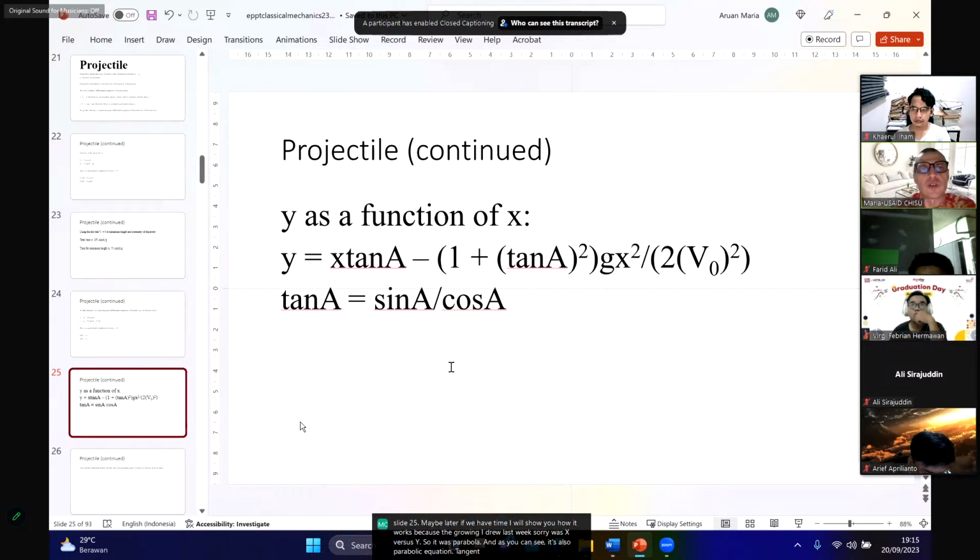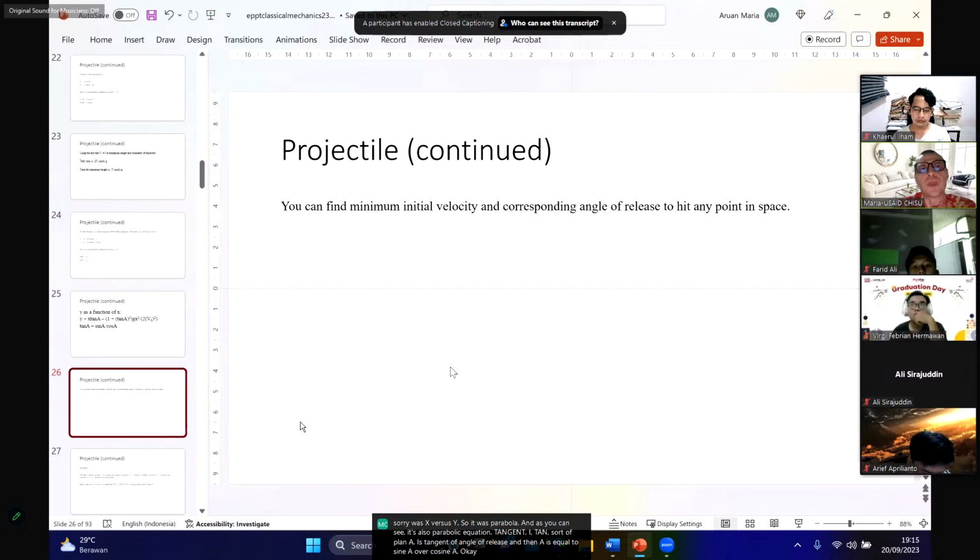Tan A is the tangent of the angle of release, and tan A is equal to sine A over cosine A. You can also find the initial velocity and corresponding angle of release to hit any point in space. So slide 26. For example, if you want to hit any point with a bullet anywhere, you can always calculate the minimum initial speed, the minimum initial velocity of your bullet. And maybe later I can show you how to do that.